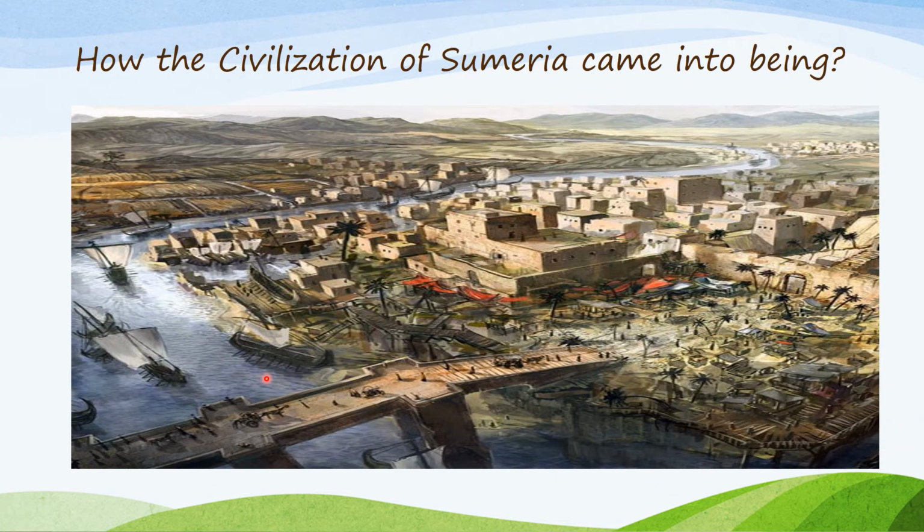Here we have an image of early Mesopotamia, what the region might have looked like in the early days. And we're just going to be discussing a bit: how did this region, this land between two rivers, come to develop into a flourishing civilization?